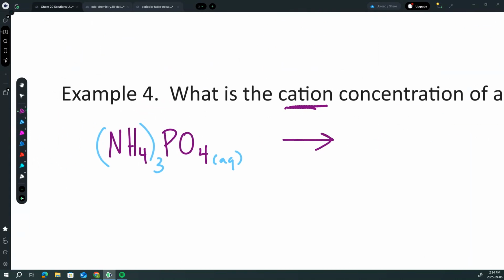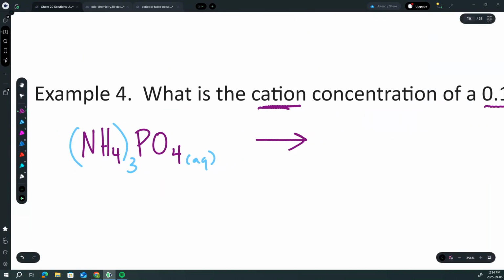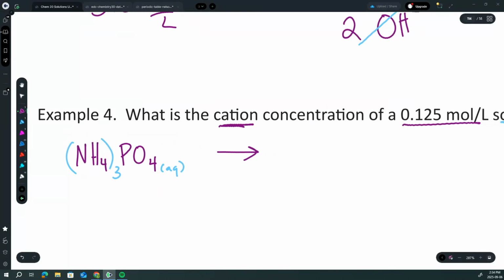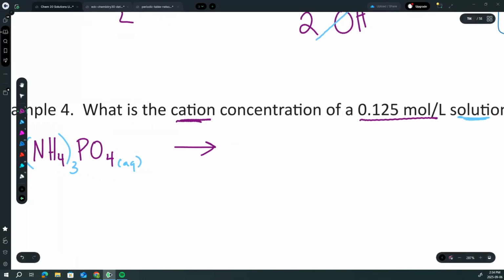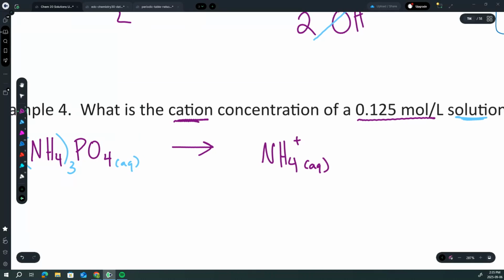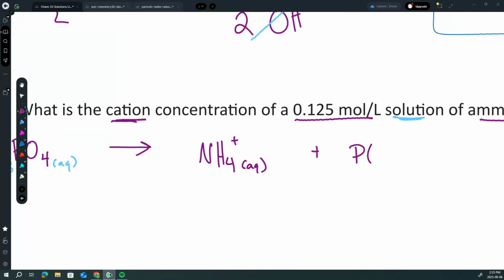So always remember to write your states for every chemical substance in any chemical equation. All right, so now we got to dissociate it, so break it up into its cations and anions. Arbitrarily, I'm just going to put cations first. So cation is ammonium, aqueous, so you could write +1 like that, or just plus, same thing, plus phosphate.